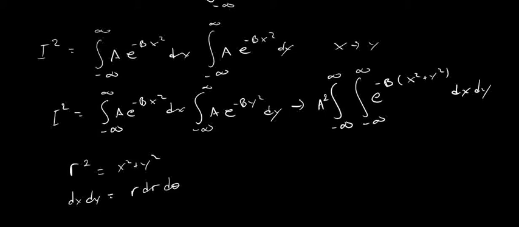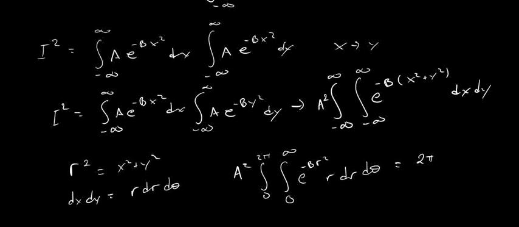So this integral then is going to be a squared, integral from 0 to 2 pi, integral r starts at 0 and goes to infinity of e to the minus b r squared r dr d theta. Well, since theta isn't anywhere in here, we can automatically do the theta integral to get 2 pi. So we get 2 pi times a squared, integral from 0 to infinity of e to the minus b r squared r dr.